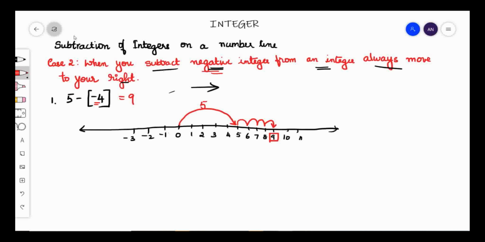Okay. Similarly, let us take another example. Let me subtract a negative integer from a negative integer. Minus 5 minus minus 4. Okay, let us draw a straight line.